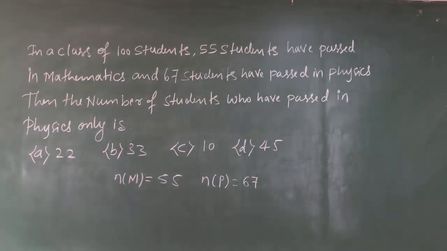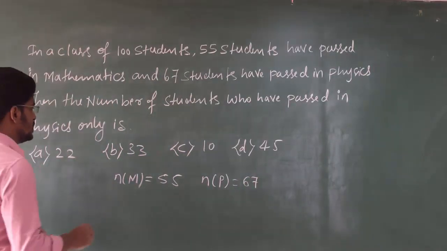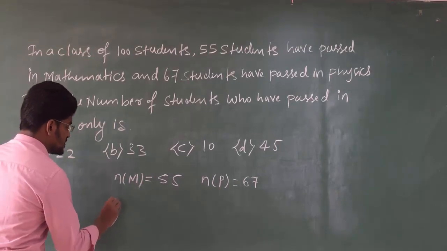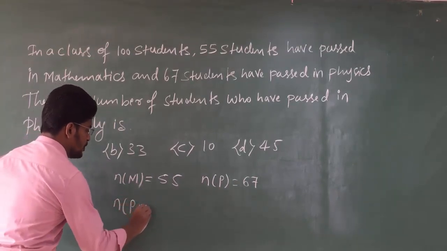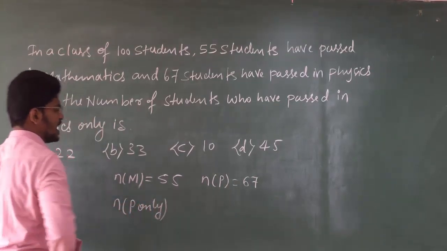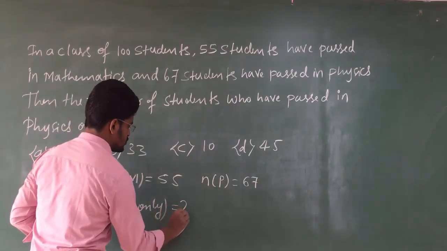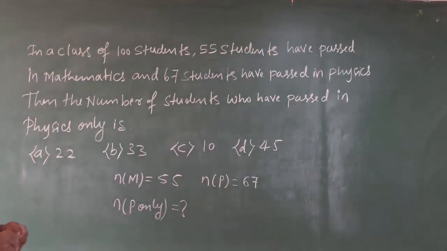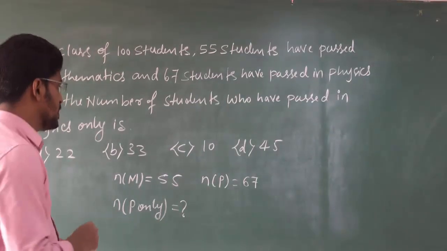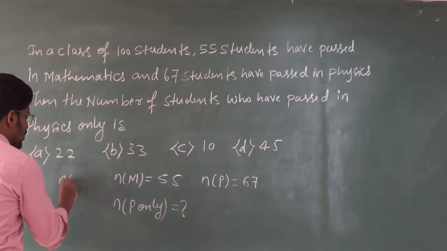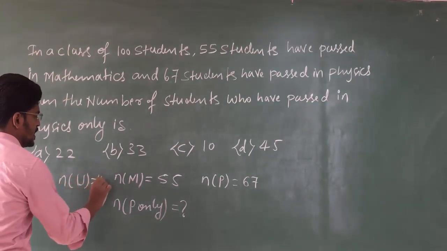Then the number of students who have passed in physics only, that is n of P only, you have to calculate. This is the question mark. So n of M is 55, n of P is 67, n of U is 100.